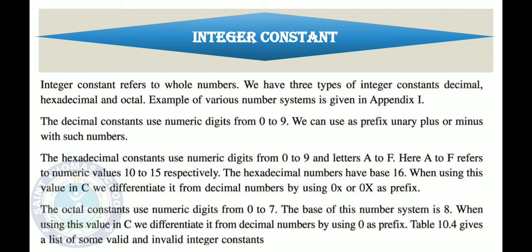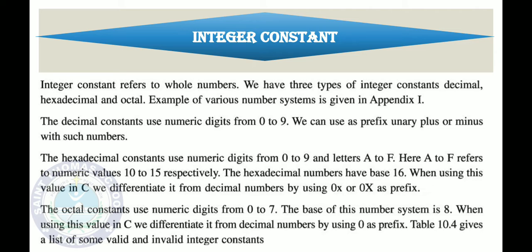So how can we identify that a number is a decimal constant? If the number is a combination of 0 to 9, and before the number as a prefix there is either a plus sign or a minus sign, then this number will be considered a decimal constant.